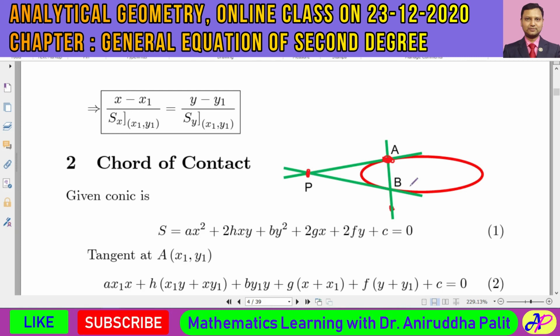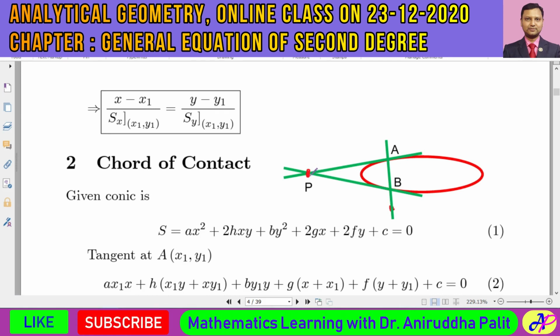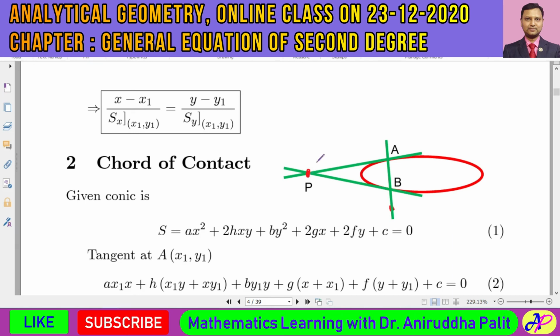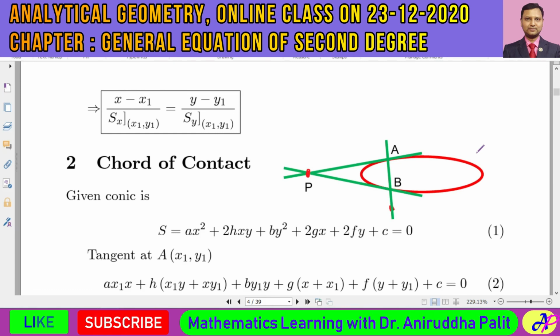But whenever the T is equal to 0 formula is applied at a point P which is not situated on the curve, then we get the chord of contact. Is it clear to you, the difference between the idea of tangent and chord of contact?